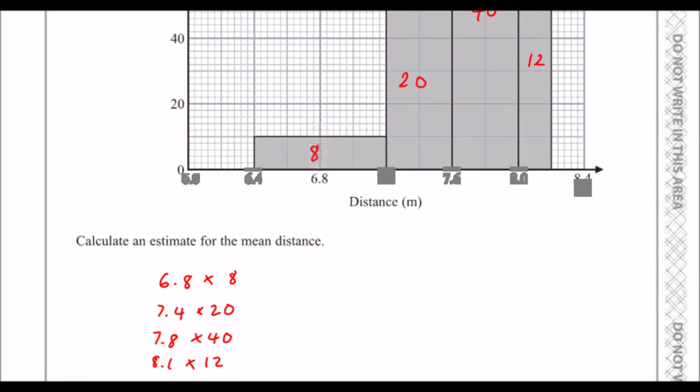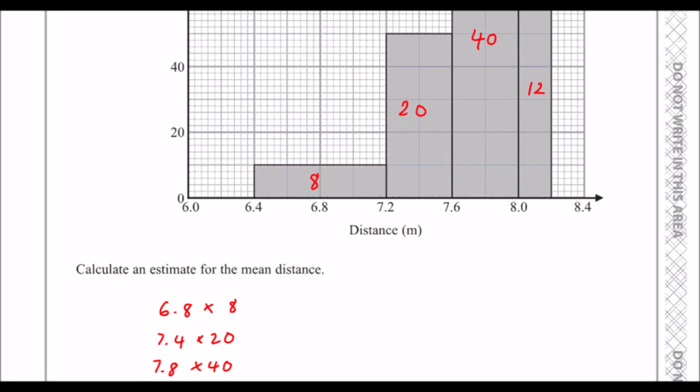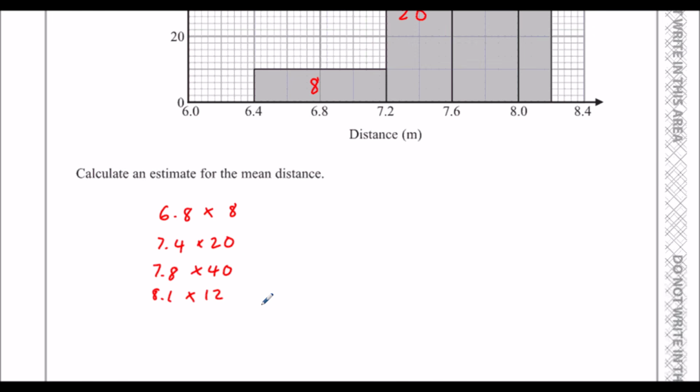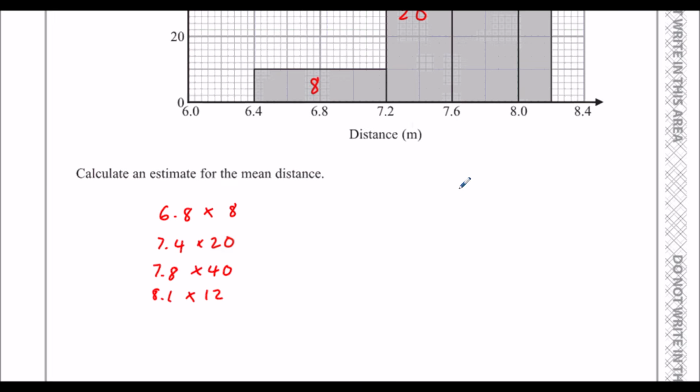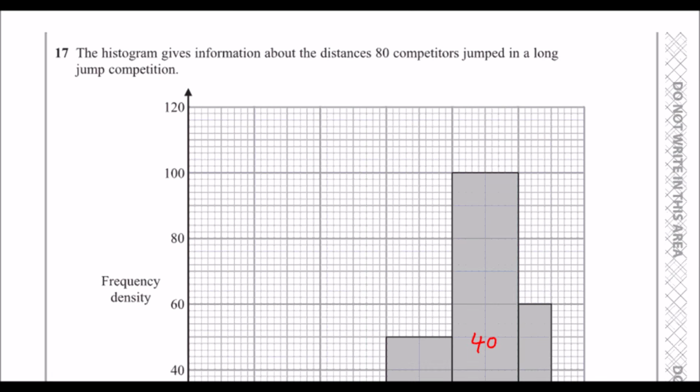So that will give us the total distance travelled by everyone, and then we divide by how many, which is 8 plus 20 plus 40 plus 12, which I'll work out quickly. So that should be 80. So then we'll divide by 80 because we were told there are 80 competitors.